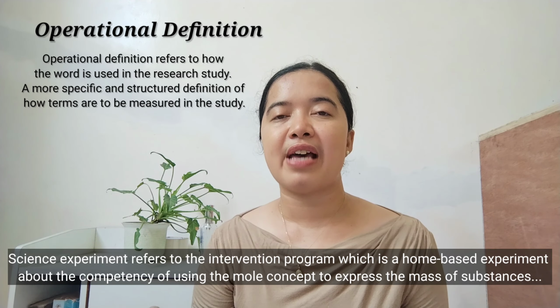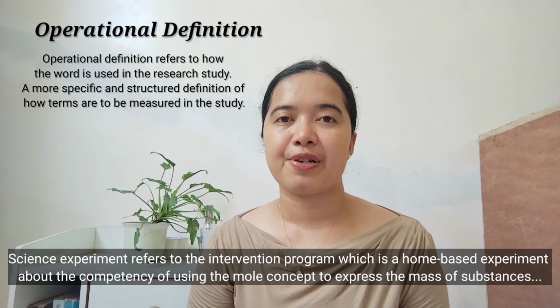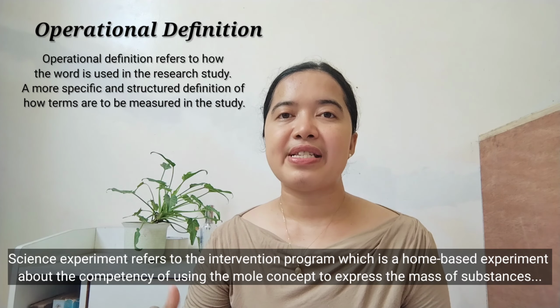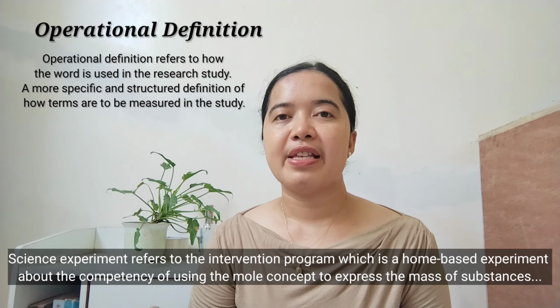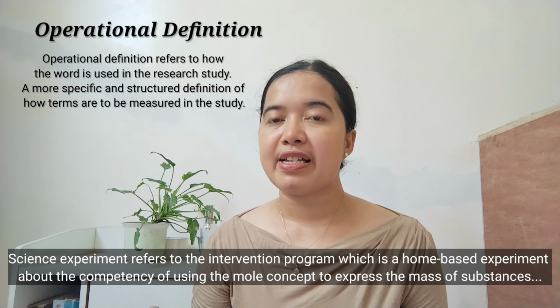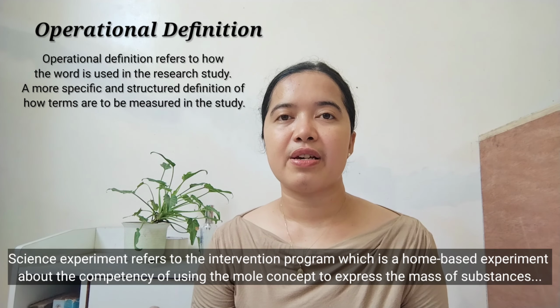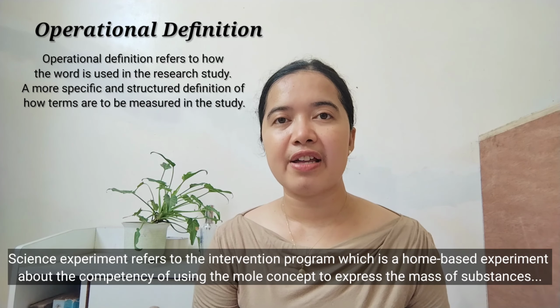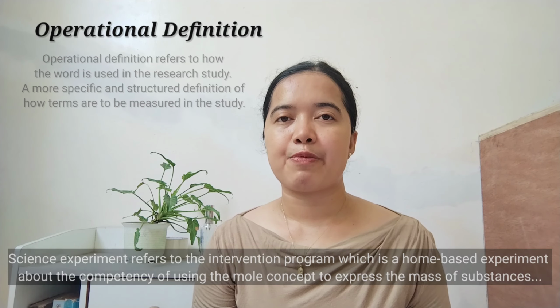So this is a very structured and specific definition of the term because this is how we are going to measure the science experiment. It doesn't have any in-text citation at all because we haven't gotten it from any author, unlike the conceptual definition, since it's a theoretical definition, so it was taken from an author, from an expert.